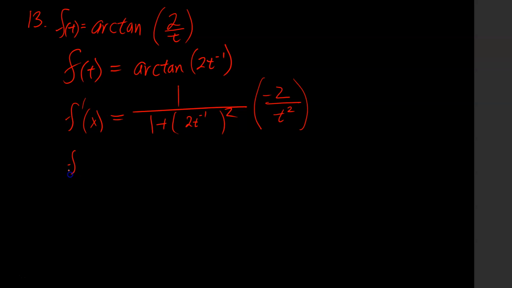We actually do have to rearrange this one because right now we have a power inside a power. So negative 2 over t squared times 1 plus, how are we going to write this thing? 2 over t.